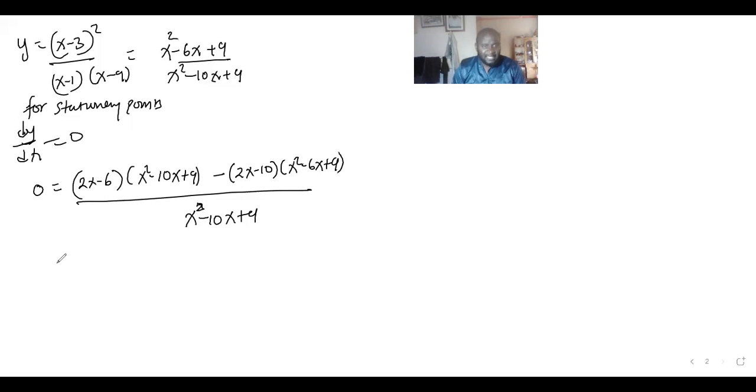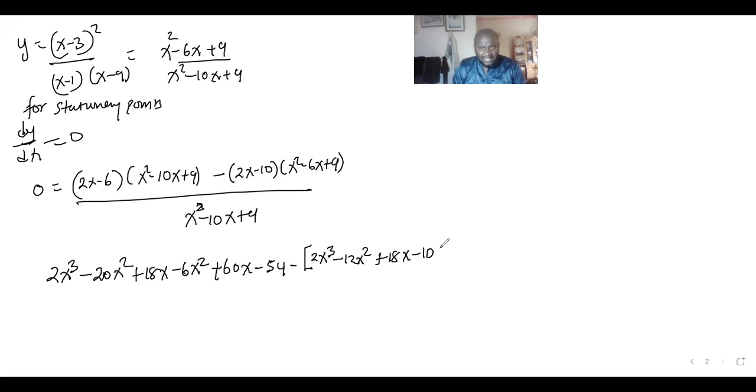So simplify the numerator, you will get 2x cubed minus 20x squared plus 18x minus 6x squared minus 60x plus 60x plus 54, minus, open brackets, 2x cubed minus 12x squared plus 18x minus 10x squared plus 60x minus 90, close bracket. Everything is equal to 0.